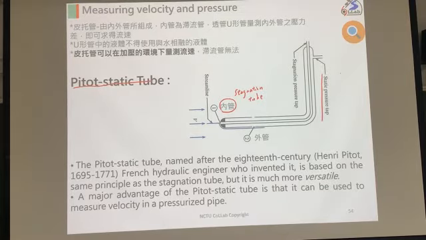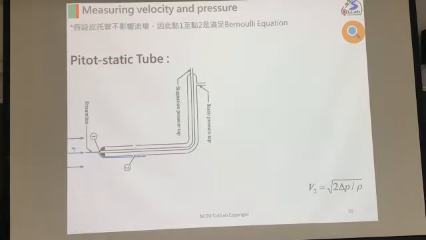The outer pipe is a traditional static pressure tube. So we can measure the static pressure and the inside pressure. Based on the Pitot tube, we can get the pressure difference. If we can measure the pressure difference inside and outside, we can still estimate the flow velocity here.